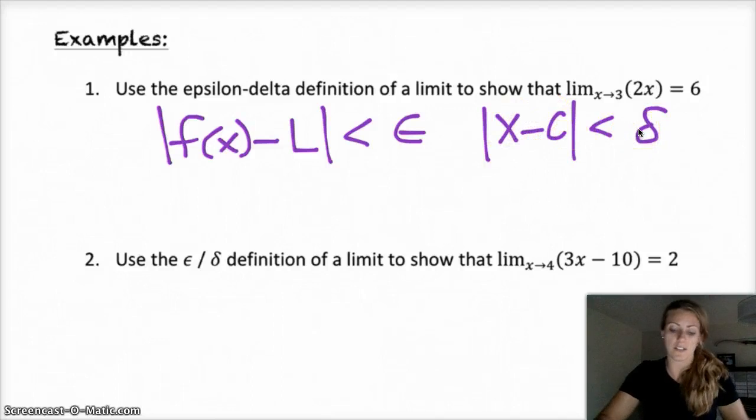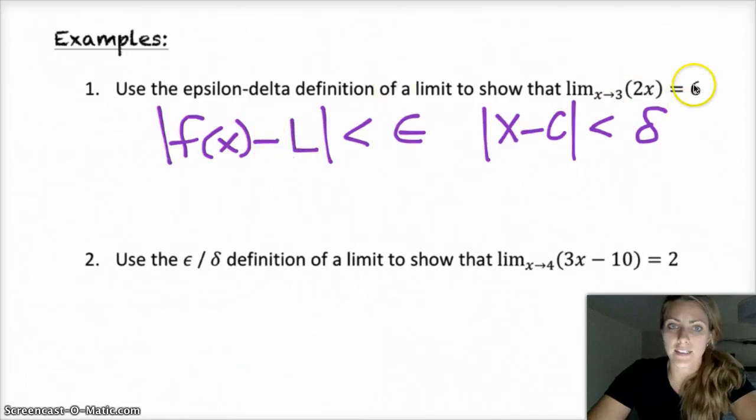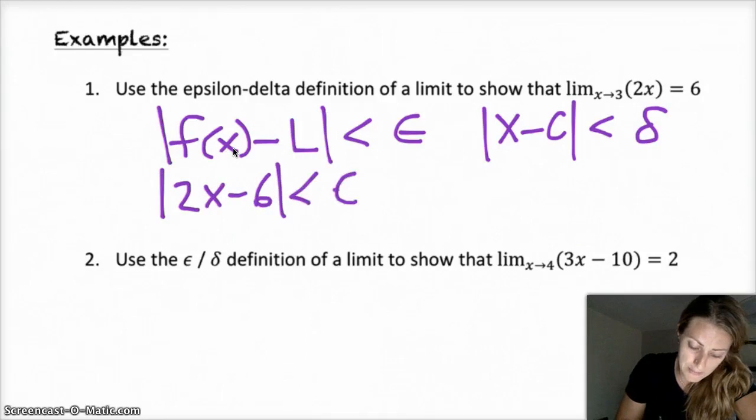In this particular case, f of x is just 2x, and the limit L is 6. So I'm going to rewrite this for this example. I have the absolute value of 2x minus 6 is less than epsilon.